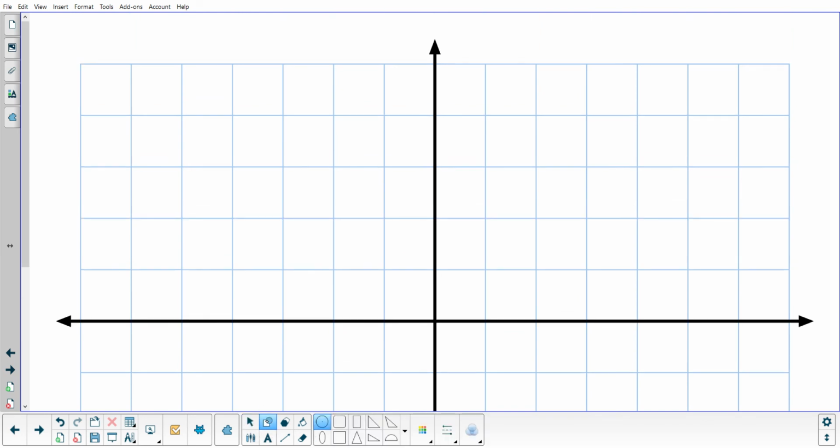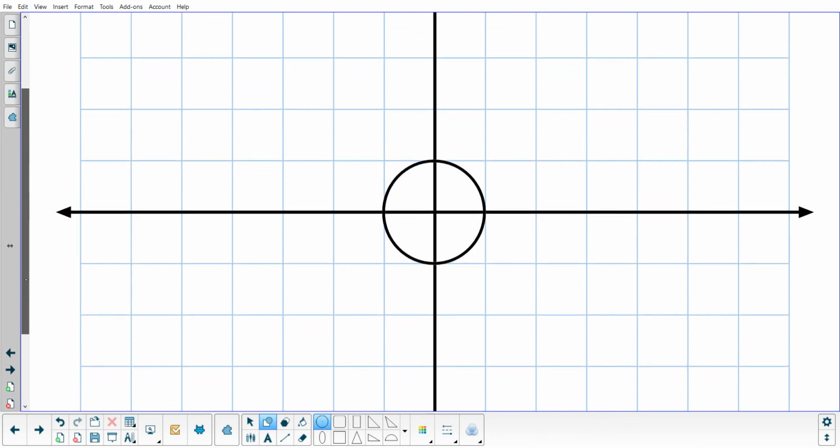What's the size of a unit circle? Yeah, it has a radius of 1. So I'm going to go like that. And there's a unit circle. So what we're looking at is a 45-degree angle.